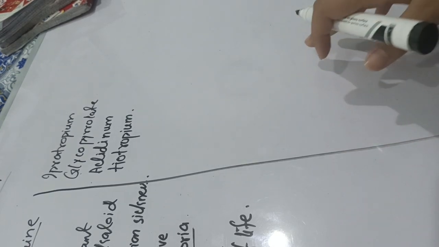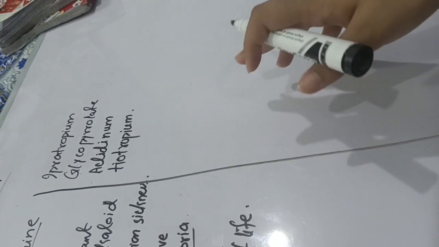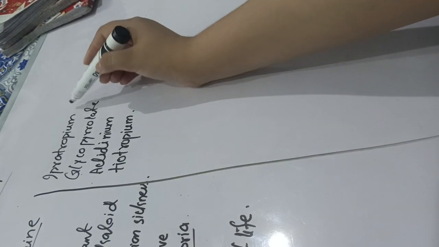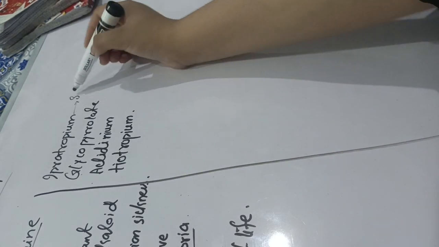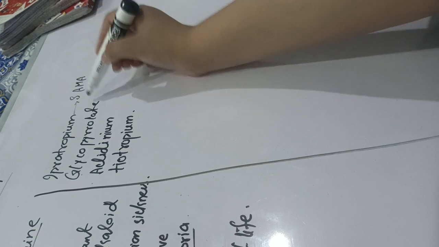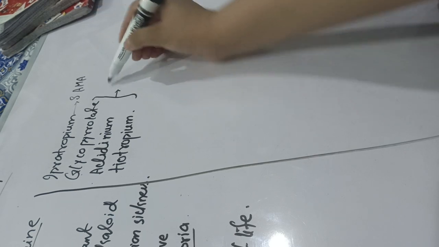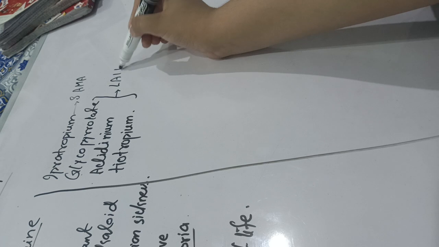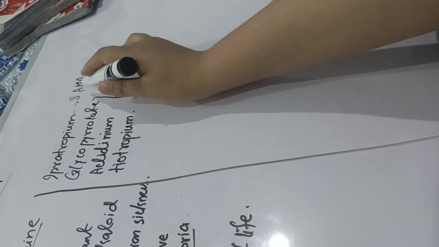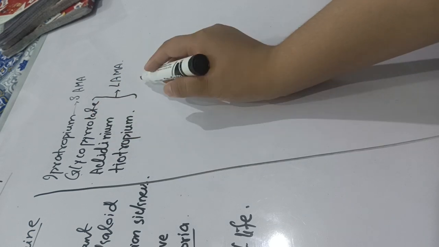These are the drugs which are used in order to treat a disease. Here ipratropium is a short acting muscarinic antagonist, while all of these three drugs are long acting muscarinic antagonists. So only ipratropium is short acting while three are long acting.